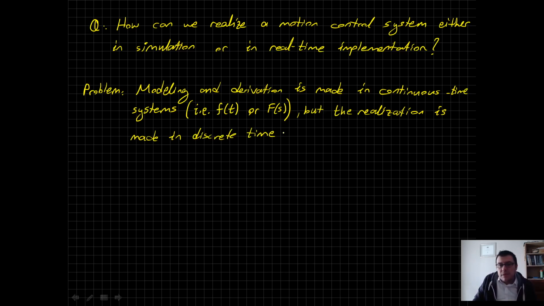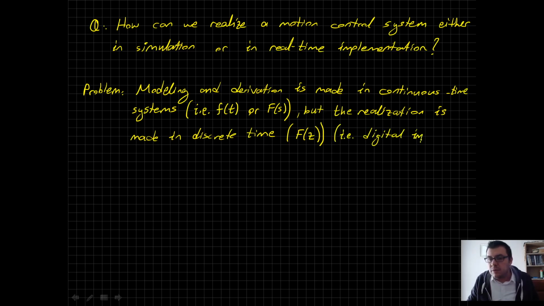We sometimes call this f of z. So there is the z transform notion here. I'm going to cover this with you. So this is z transform. Sometimes this discrete time is also referred to as the digital implementation.